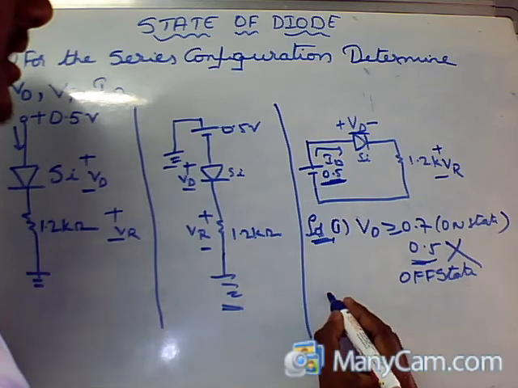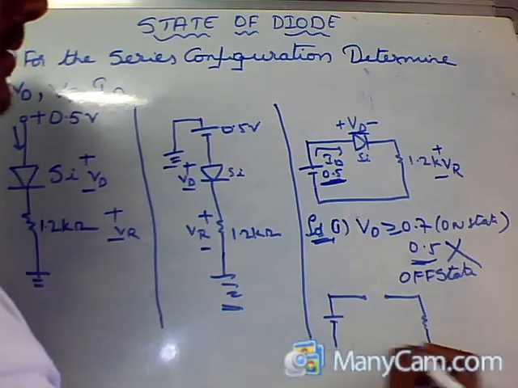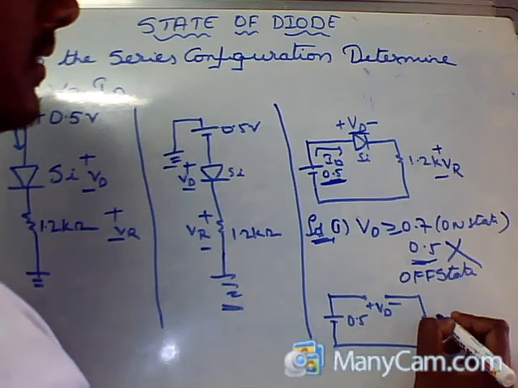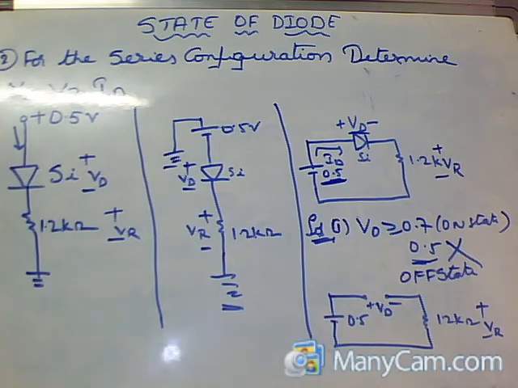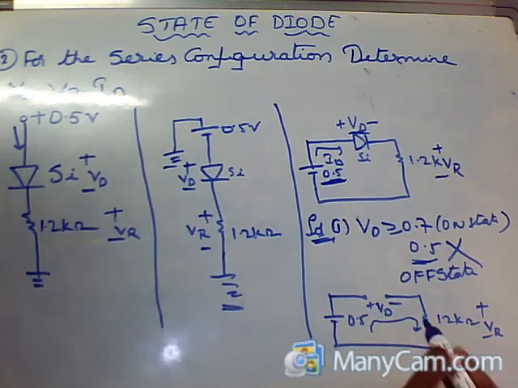When the diode is in the off state, just replace the silicon diode with an open circuit and do the same problem: 0.5 volts, VD across the open circuit, and 1.2 kilo ohms with VR. In an open circuit the current is 0 but the voltage will be there. Don't forget to calculate the voltage, and don't think that an open circuit will not contain a voltage. An open circuit will contain a voltage but the current is 0. So by applying the same method, we can find VD.